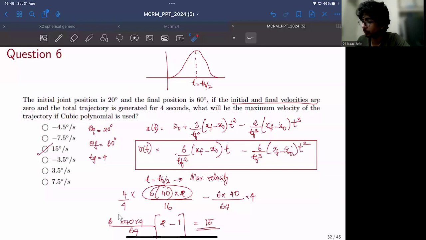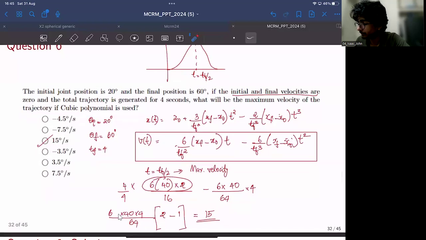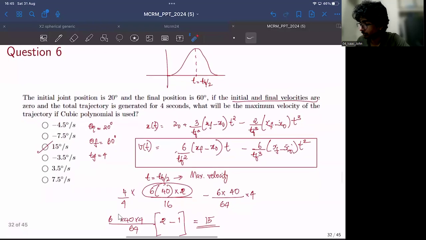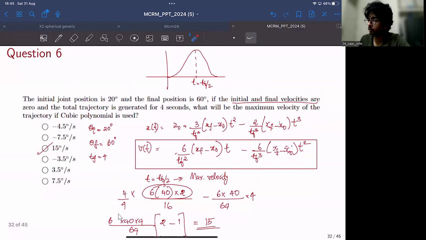Okay, so yeah, probably that could be another method. 60 minus 20 divided by 4. Okay, so simply you took this average. I'm not sure whether that will always be feasible, because 60 minus 20 by 4 can only work when you have a straight line, right?